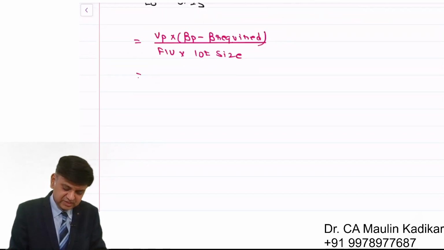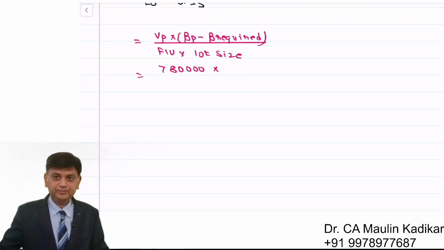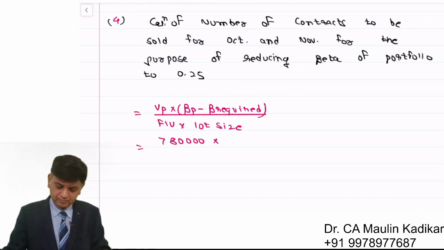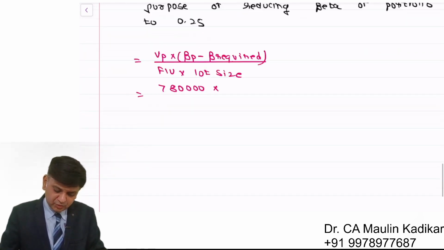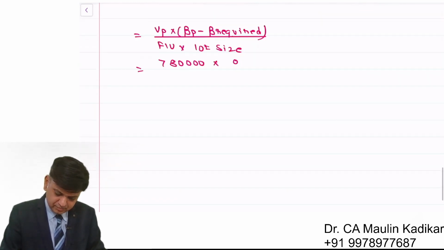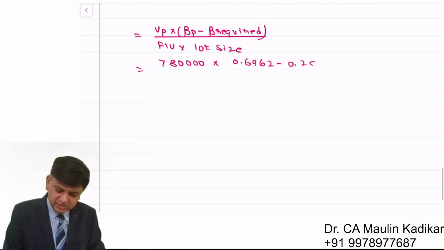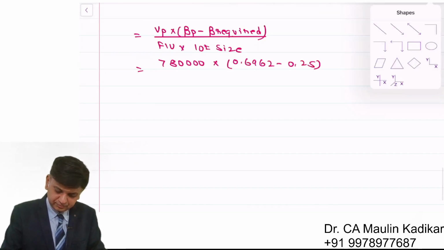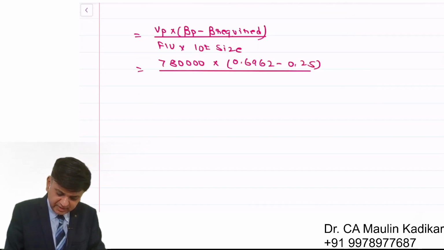Value of the portfolio is 7,80,000 multiplying with beta of the portfolio is 0.6962, beta required is 0.25, divided by futures index value into lot size is 50.